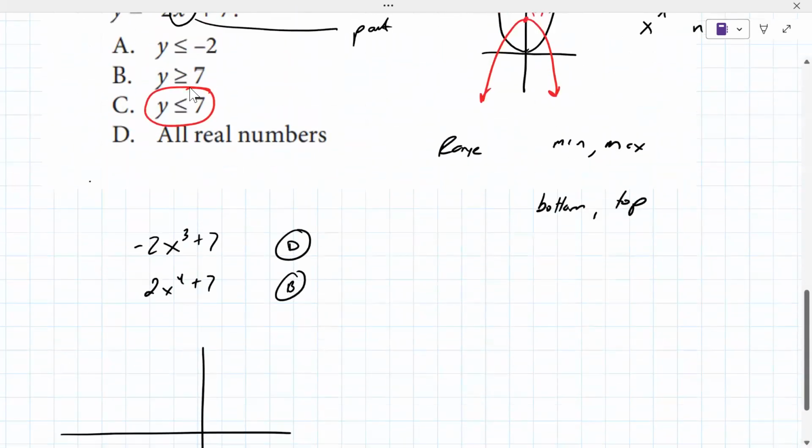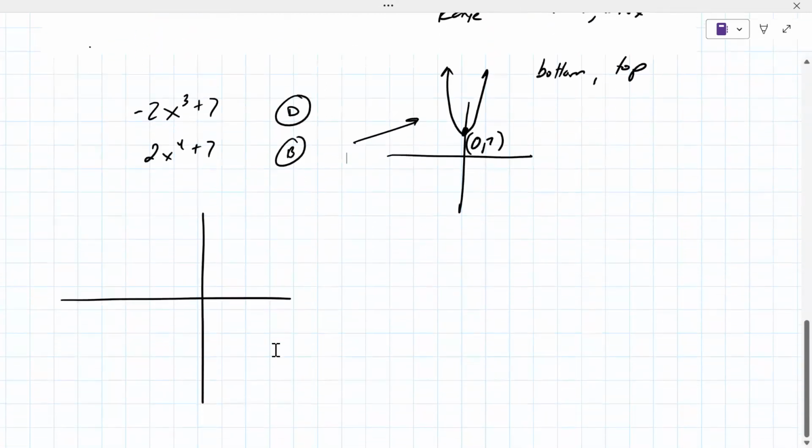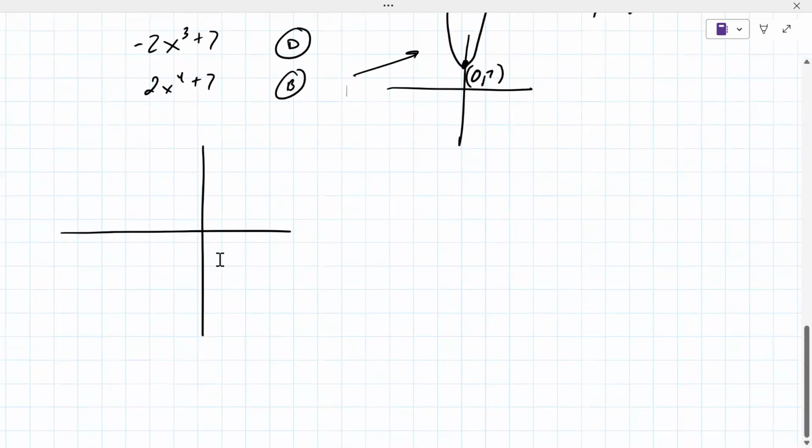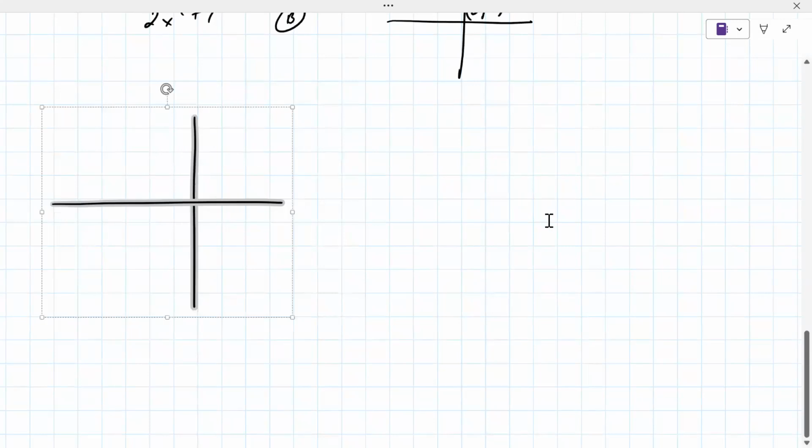So how would it be B? For this one, the graph would look something like this for B. Okay. So there are 4 graphs you have to know to be able to answer these.